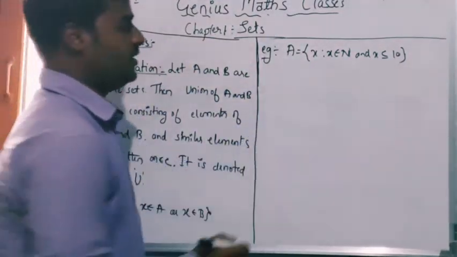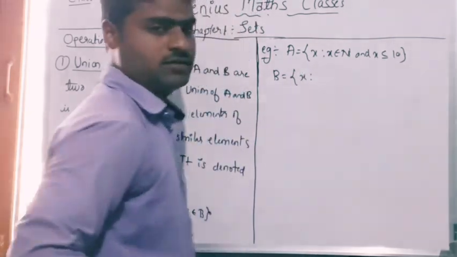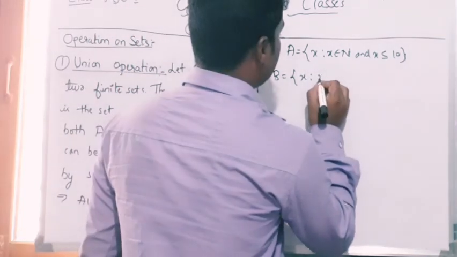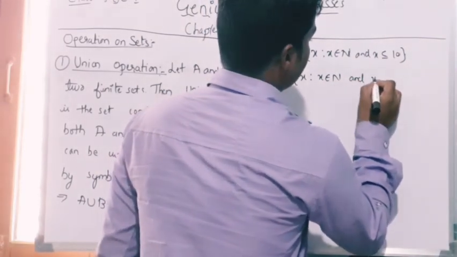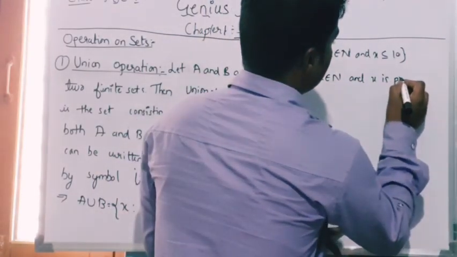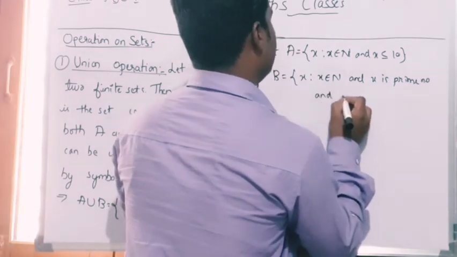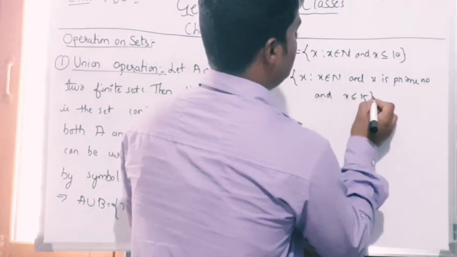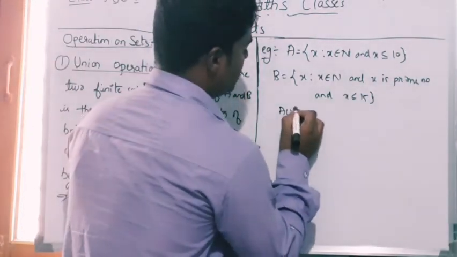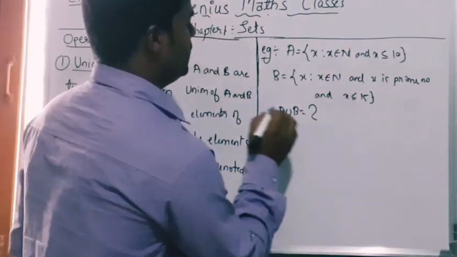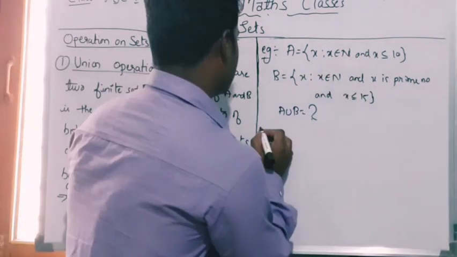This is the set A. And set B equals x such that x belongs to N and x is a prime number and x is less than or equal to 15. So what is A union B? We have to solve this example.